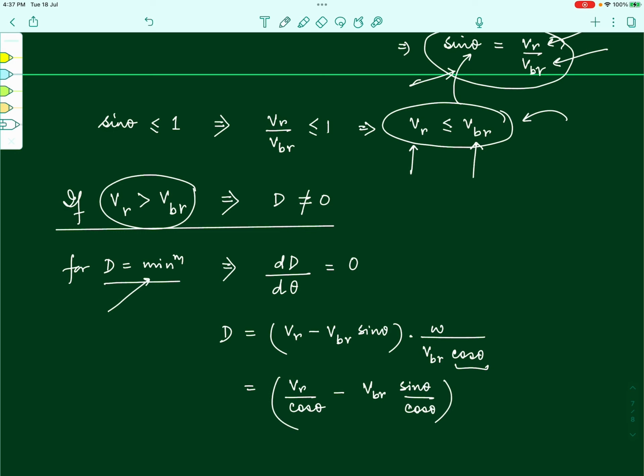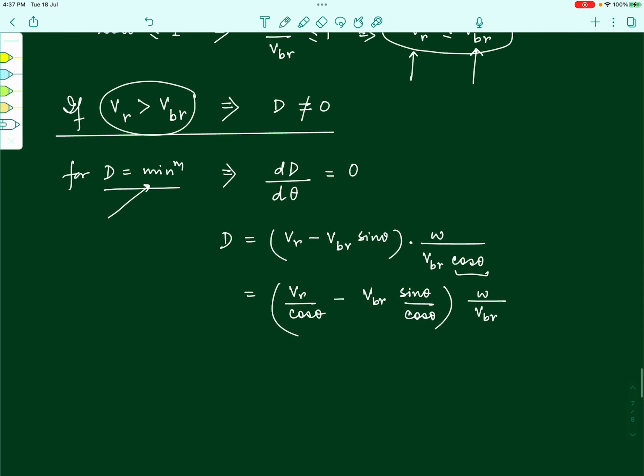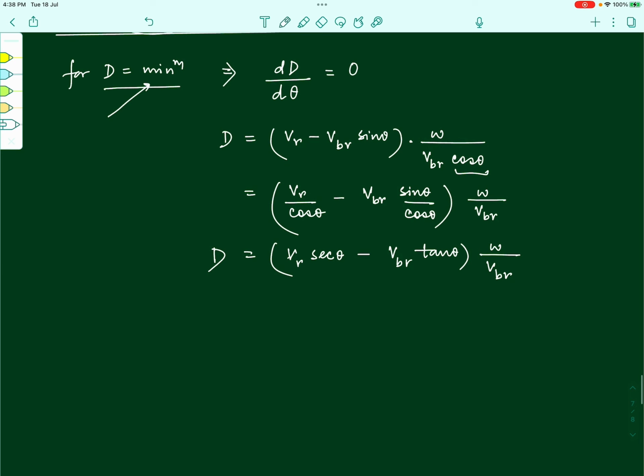And now let us make one more small change here. Can we write 1 by cos theta as sec theta? So, this will become VR sec theta minus VBR, and sin theta by cos theta can be written as tan theta, into W by VBR, and it is this form of the formula for d that we shall now differentiate.